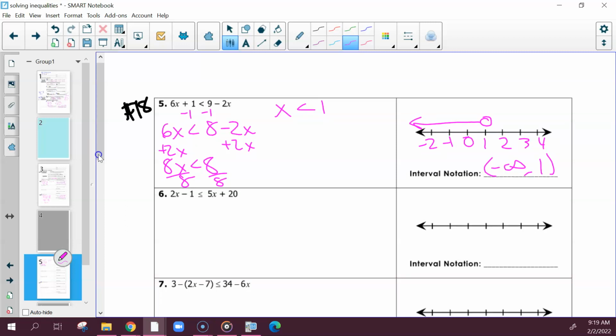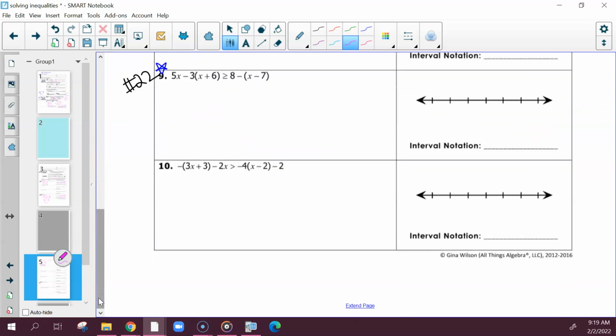Number 10. What would we do first? Distribute, but twice, on both sides. Now, here we are multiplying by a negative. We're not changing the sign here because we're not doing it to both sides.